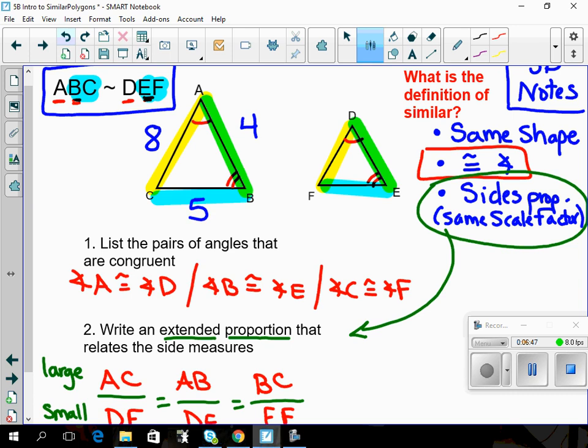And let's say that this one was a 4, this one was a 2. What would that one have to be? It would have to be 2.5, because they have to have the same scale factor. Do you agree?